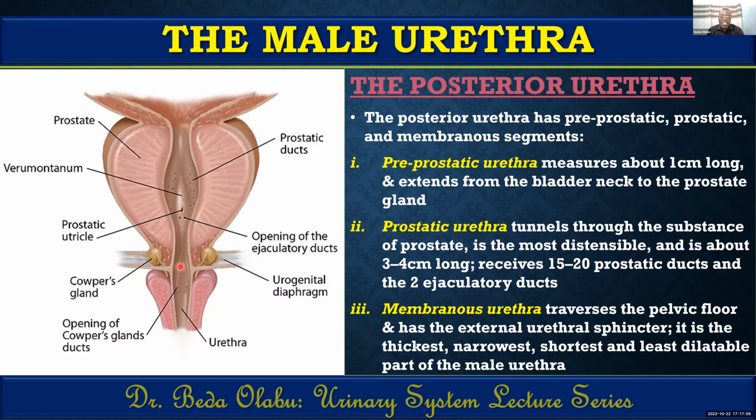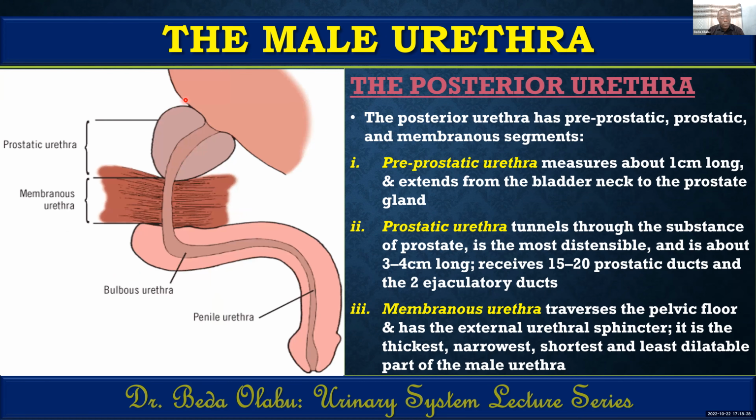It is the thickest part of the urethra, but also the narrowest part of the male urethra. It is also the shortest if you are to ignore the preprostatic part, and it's the part that is least dilatable. You cannot easily dilate the membranous urethra.